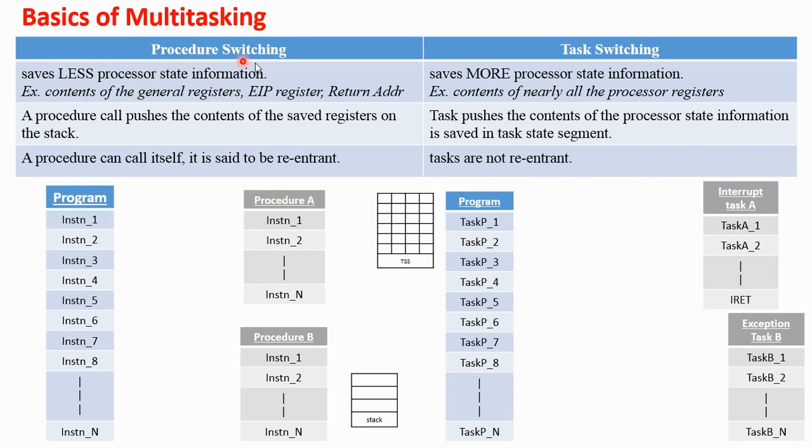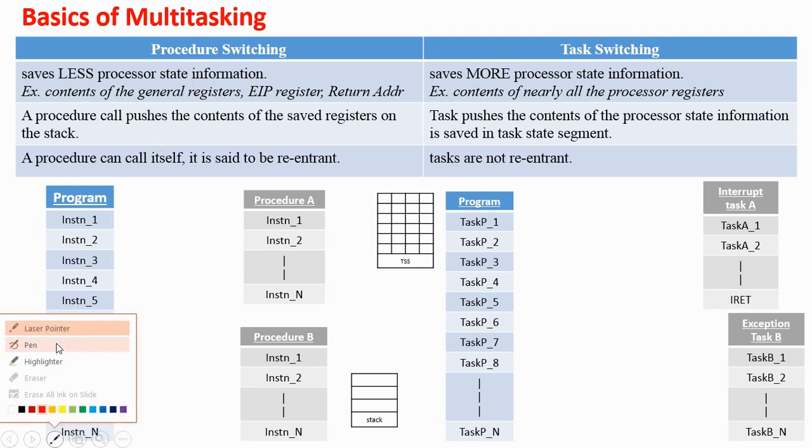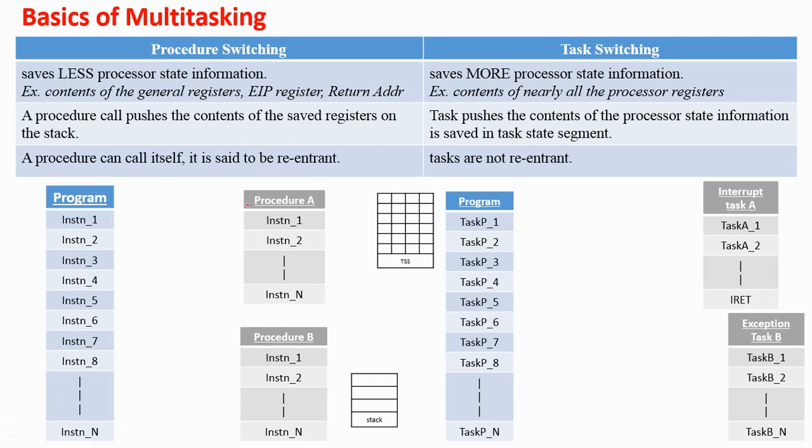In the case of procedure switching, the microprocessor saves less processor state information. Whenever switching occurs, let us suppose the procedure A is being called after instruction C. Your microprocessor will jump to this location, and after ending this function or procedure, the microprocessor will come back to the next instruction.